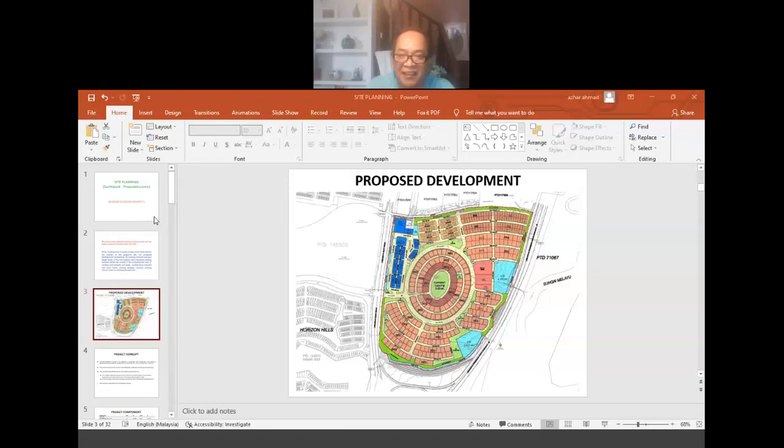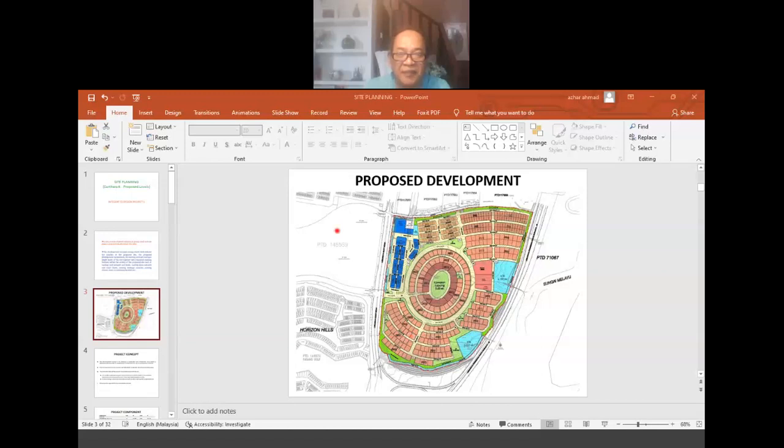There is an existing drainage system around the site. Existing housing estates, Horizon Hill somewhere here, and also a river. There is an existing river, Sungai Melayu, indicated on the right hand side of the site. So these are all features that can be captured in the drawings in the site plan given.